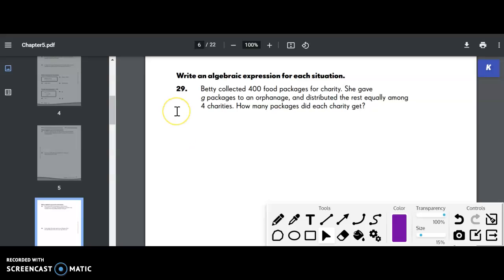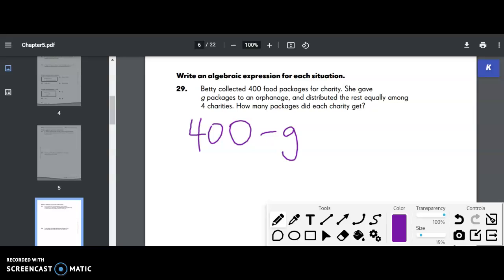All right. Betty collected 400 food packages for charity. She gave G packages to an orphanage and distributed the rest equally among 4 charities. How many packages did each charity get? All right, well, she collected 400. She gave G packages away. Well, giving away is subtraction. And now she distributed the rest equally among 4 charities.